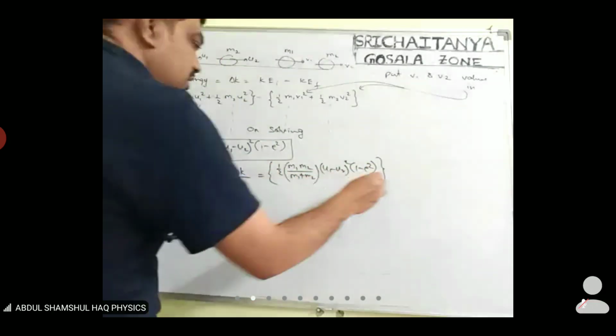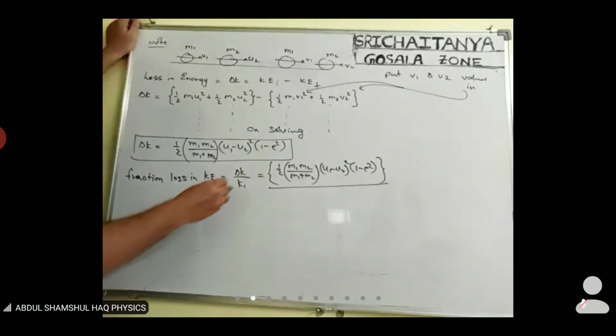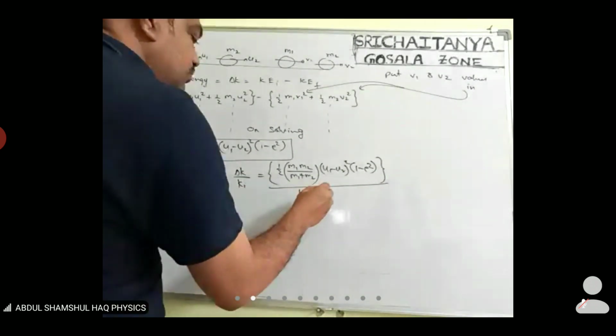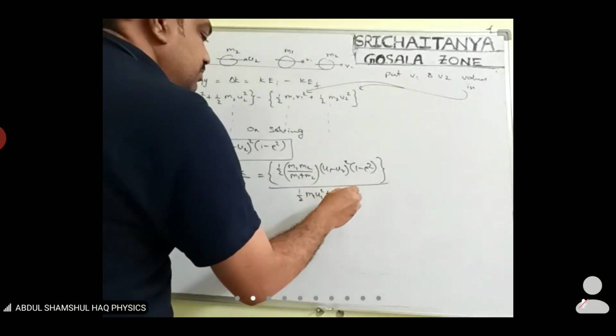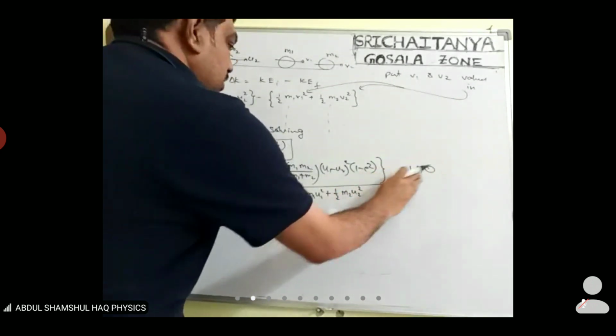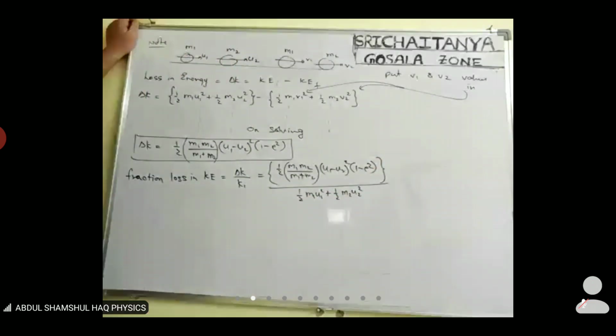This is delta K divided by K initial, which is half m1 u1 square plus half m2 u2 square. Sorry, not the 100 yet, that is only for percentage. For the fraction, you consider only this part.